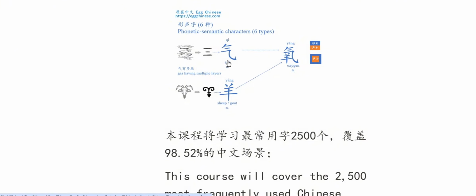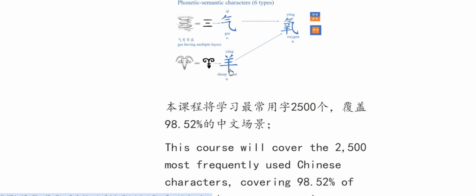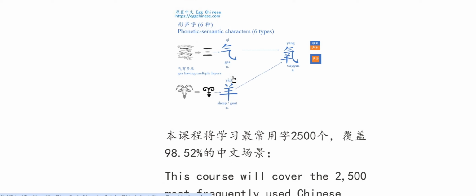So the meaning of it is gas. And then we will have another simple character. The meaning is sheep or goat. And finally, we combine them together to create this character.